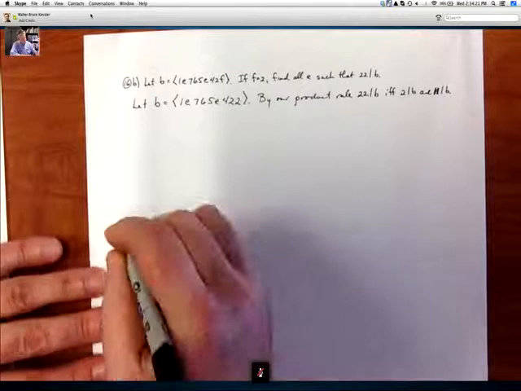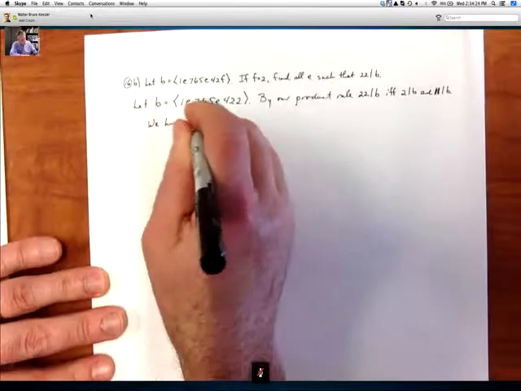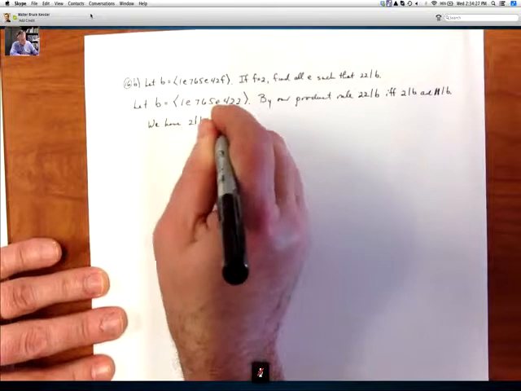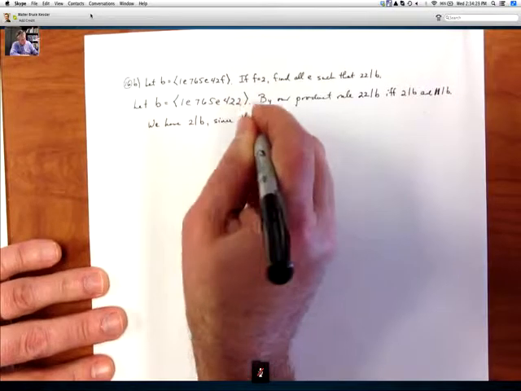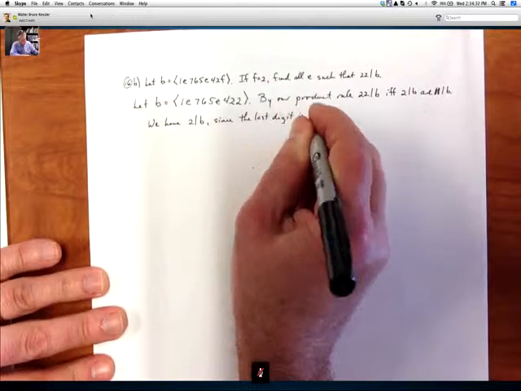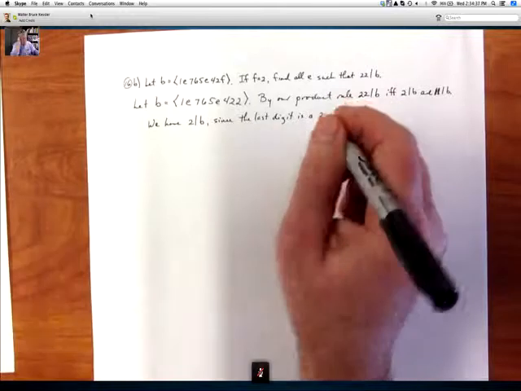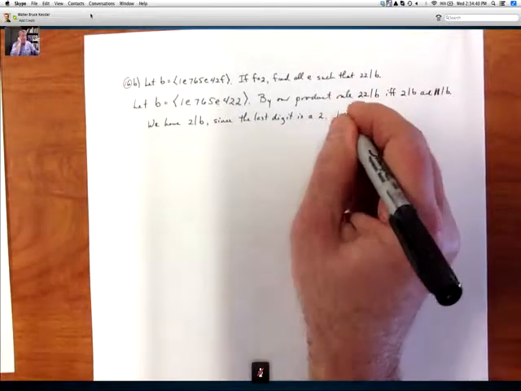I don't know why I'm still trying to work that other problem in my head. Sorry. We already have that 2 divides B, since the last digit is a 2.